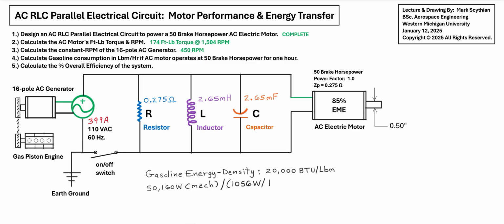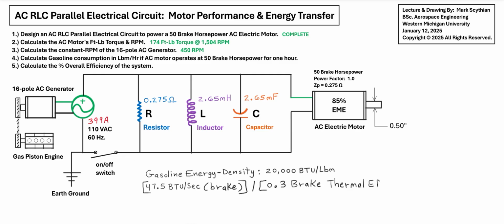So then we divide the 50,160 watts of mechanical power output at the piston engine by 1056 watts per 1 BTU per second. So the thermal equivalent to the mechanical drive output is 47.5 BTUs per second brake, but we need to solve for the indicated, the actual input power in the form of burning gasoline.